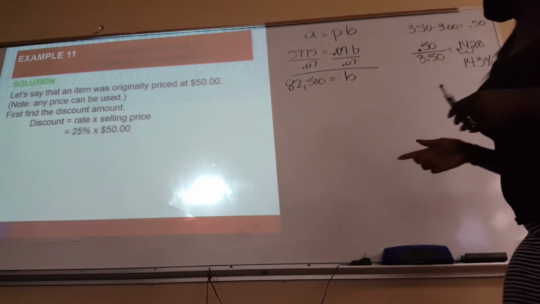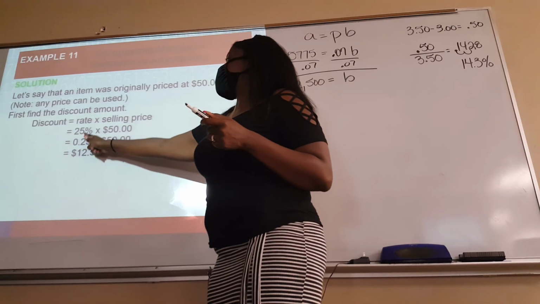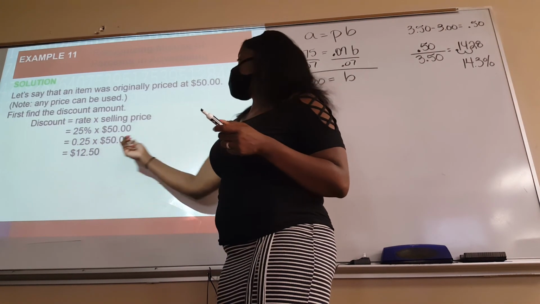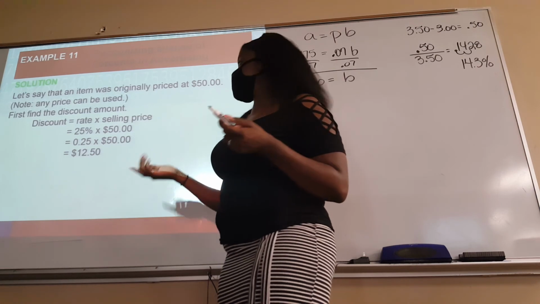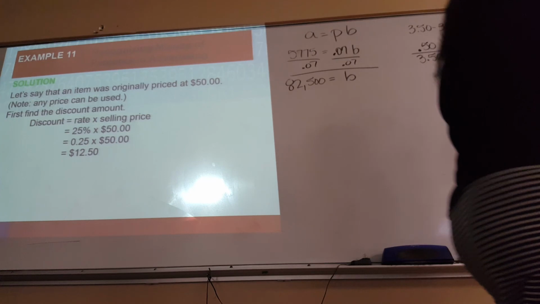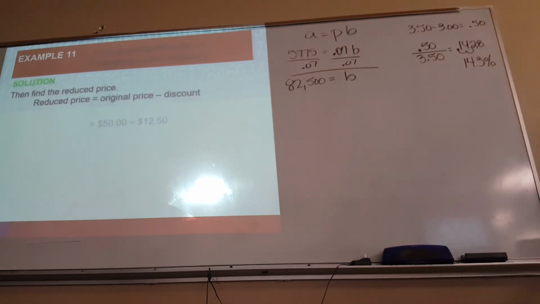If we were using $50 and we took 25% off, then our percentage, 25%, changes to 0.25, and we multiply it by that $50, and we get $12.50. So after the initial 25% is taken off the $50, we get $37.50.